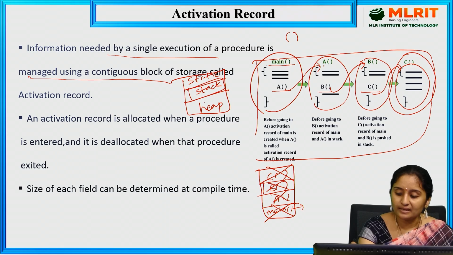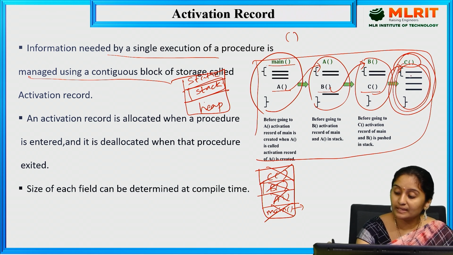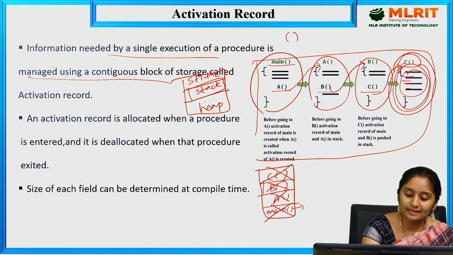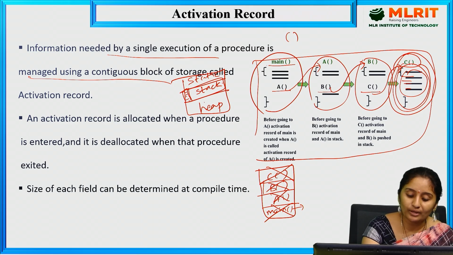Suppose the C function call is created inside the stack. In the stack, the activation record is created. The definition, all the statements and the static memory allocations, are created in the stack in a contiguous memory allocation. A block of memory is given here.